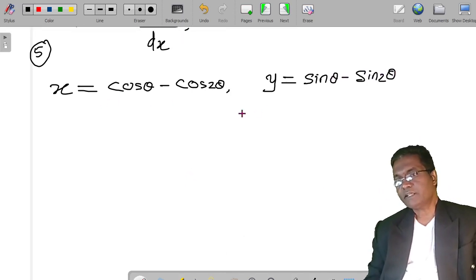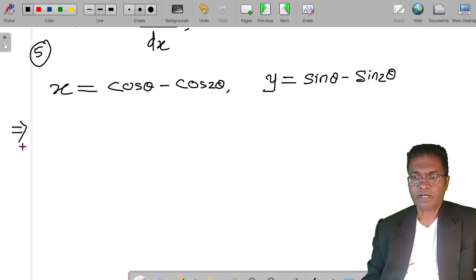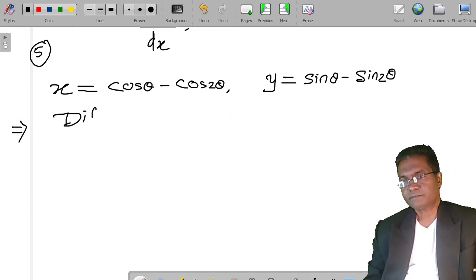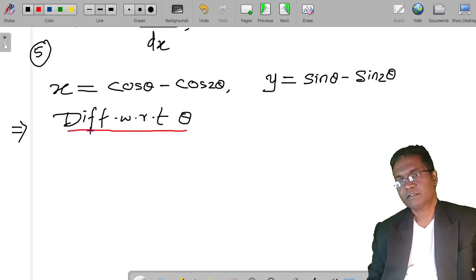Okay, here x and y are functions of theta, so you have to differentiate with respect to theta.